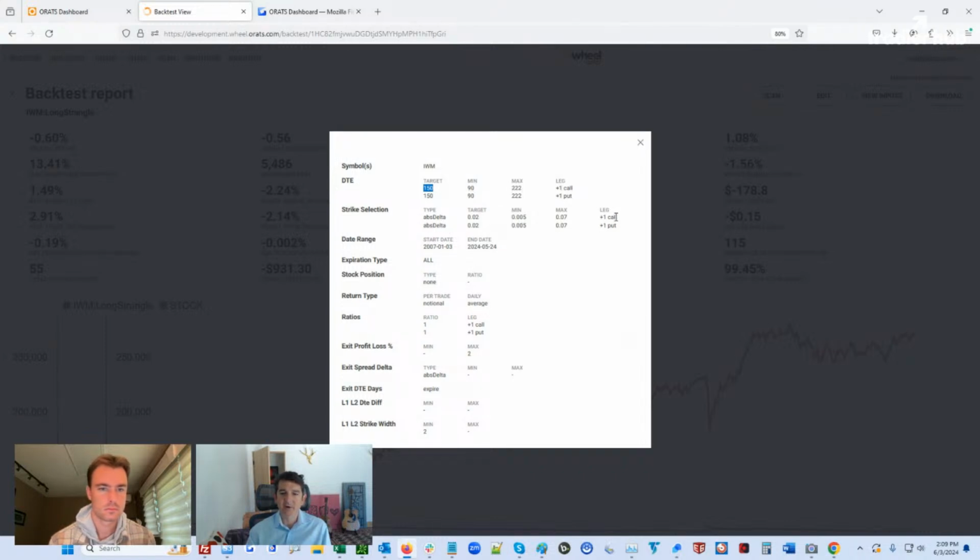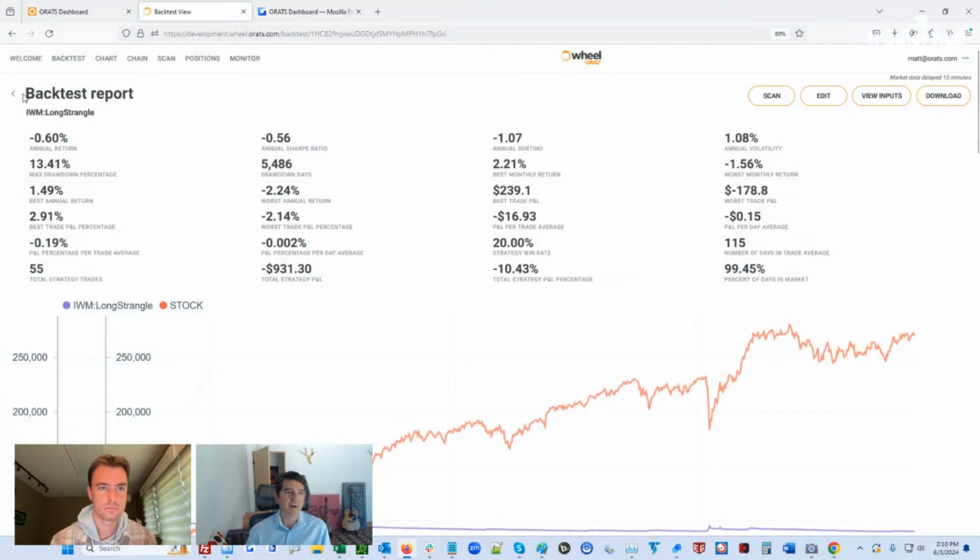Our deltas for the long call and long put are similar, way out of the money, only 2 delta, with a min-max of half a delta to 7 delta. And we exit at 200% profit and loss, so if you double it, you get out. That's the way the trade is set up on the long side.